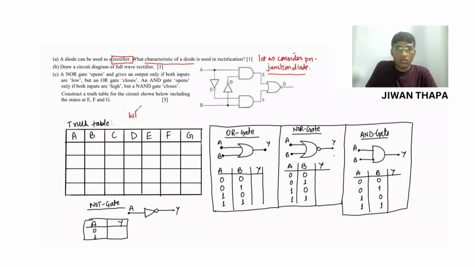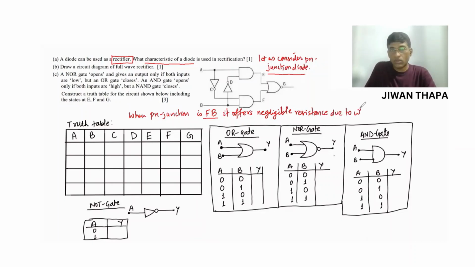Now, when the PN junction is in forward bias, it offers negligible or very little resistance, due to which current flows through it.